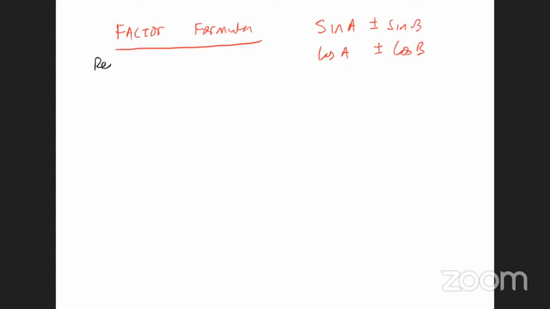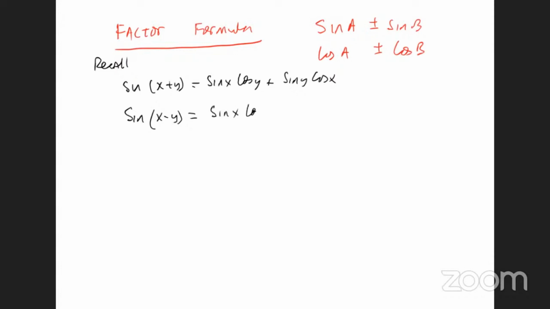So let's recall a few things, right? Let's say we have sine of x plus y. Sine of x plus y is sine x cos y plus sine y cos x. And sine of x minus y is equal to sine x cos y minus sine y cos x.